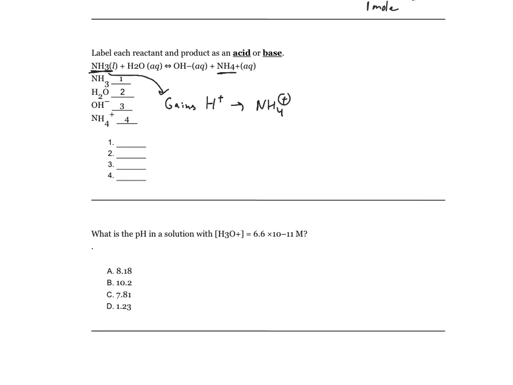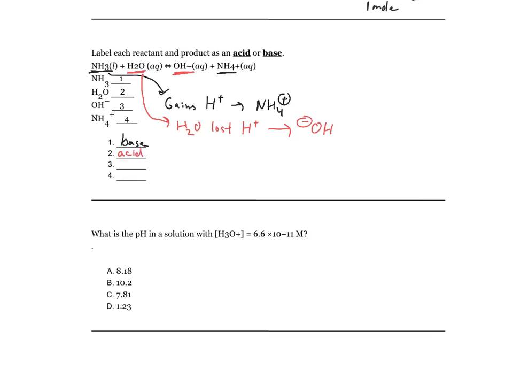So a proton acceptor or gainer is a base. And then if you look at water, hydroxide, H2O lost H plus to become OH minus. It donated a proton. It lost it. It's an acid.